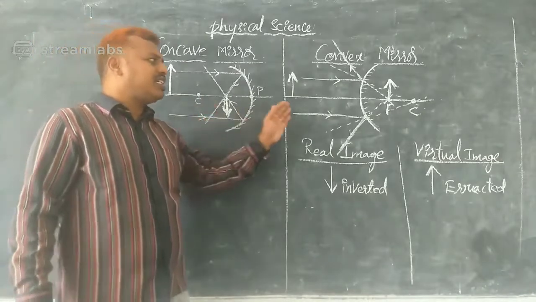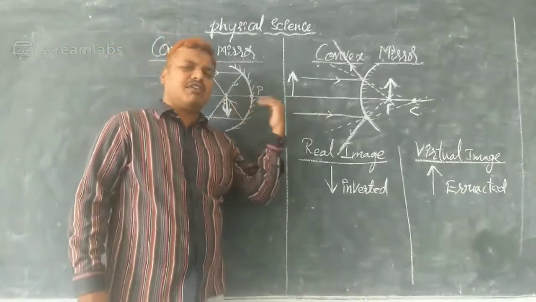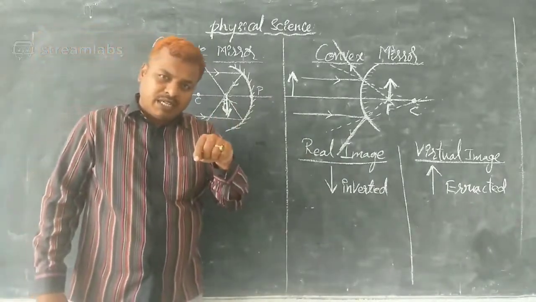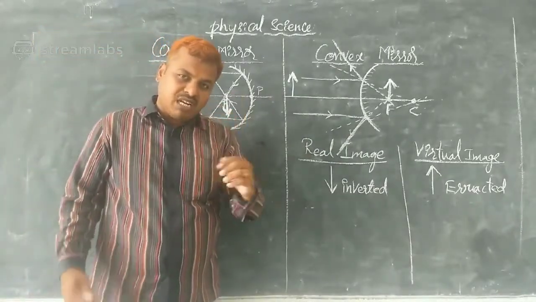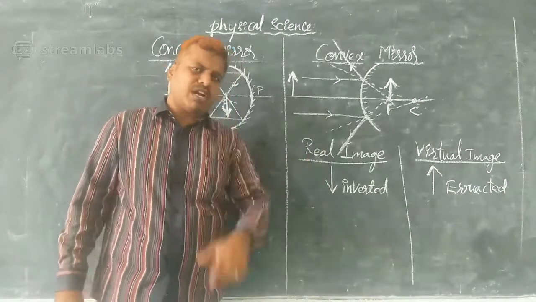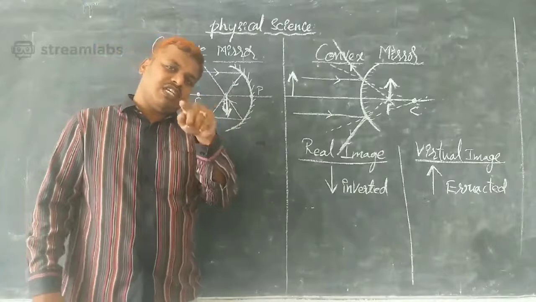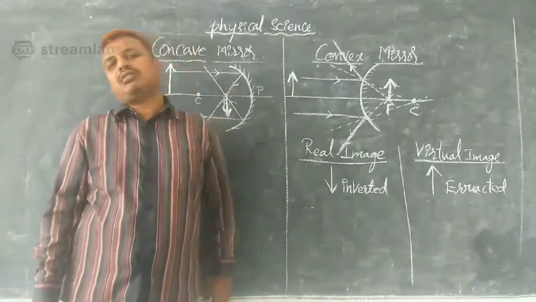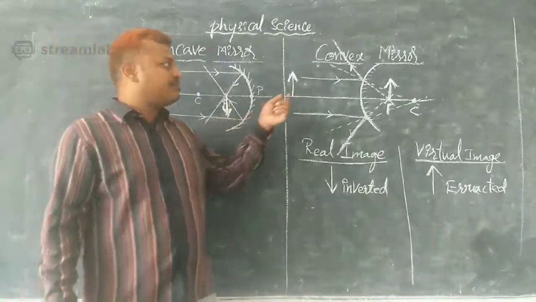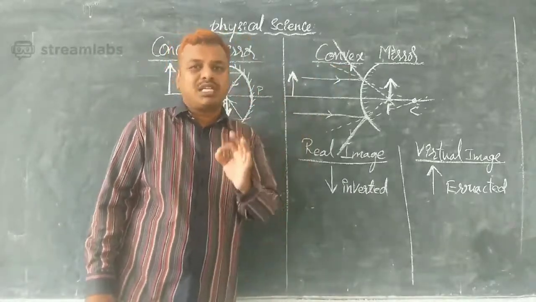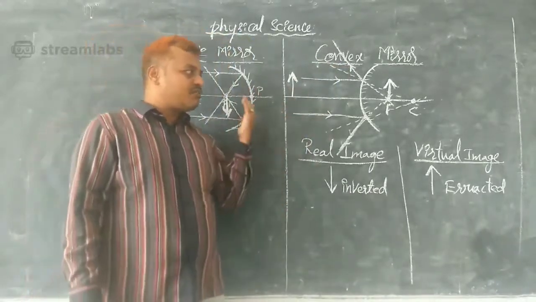So different types of images are formed in concave and convex mirrors, because concave mirror is a converging mirror, light rays are converged at one point. That is why the concave mirror is always forming real image. When it comes to convex mirror, it is always bulged outwards.